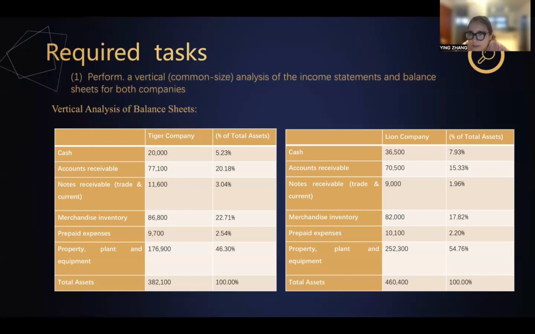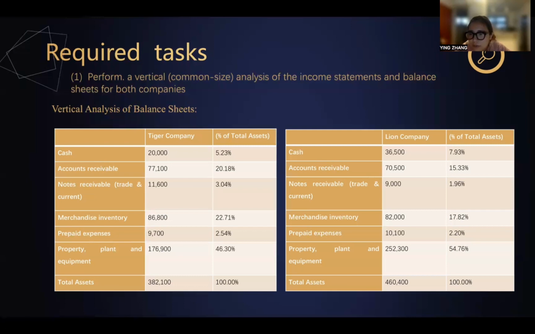Both companies have a significant proportion of inventory, representing 22.71% and 20.82% of total assets. This may indicate a higher capital investment in inventory management.